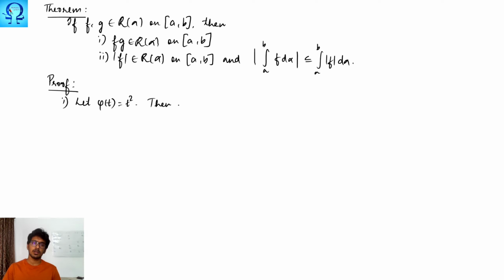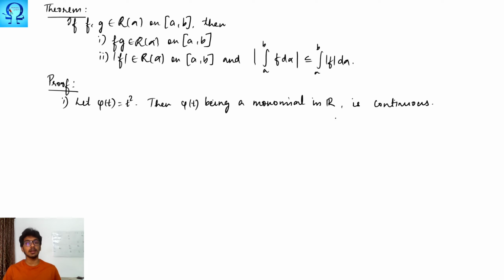Then phi of t, being a monomial in R, is continuous. What I'm trying to say here is that all the monomials on the entire real line are continuous. This is what we have proved in the course of calculus, limits and continuity. So this is a continuous function.